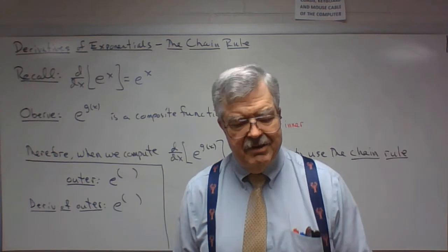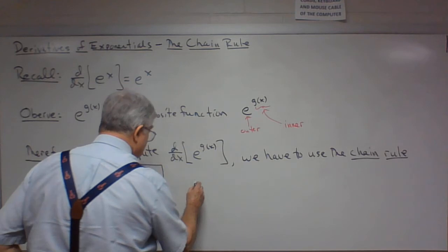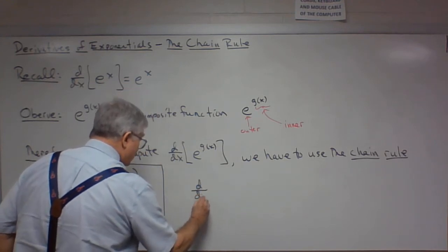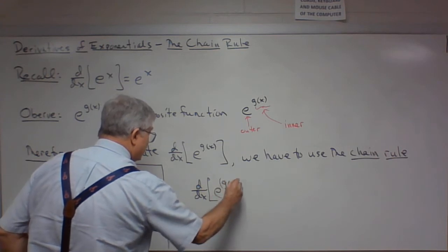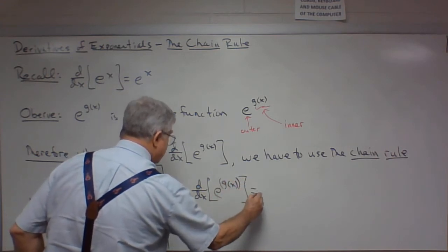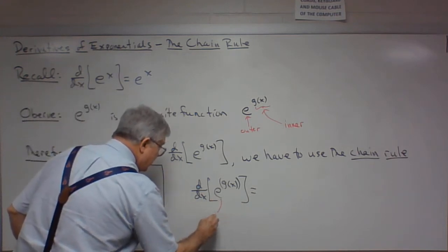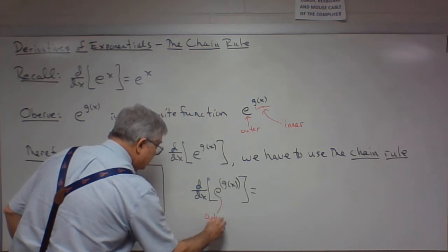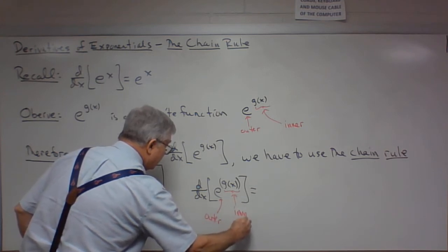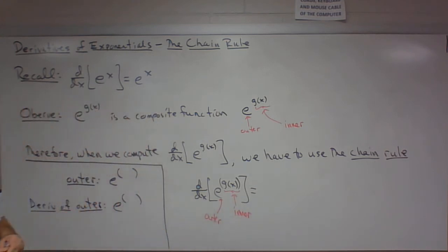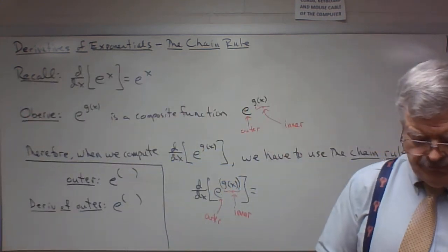Let's do the chain rule. We're computing the derivative of e raised to the power of g of x. e raised to the something is the outer. g of x is the inner. Now let's remember what the chain rule tells us.